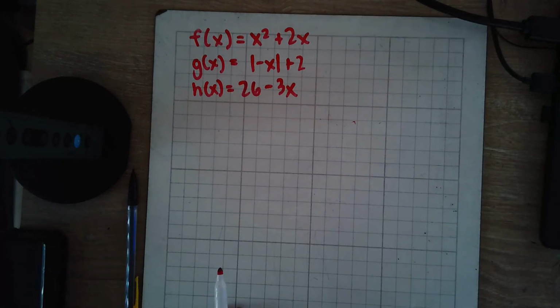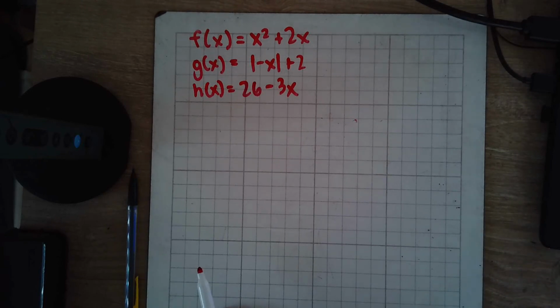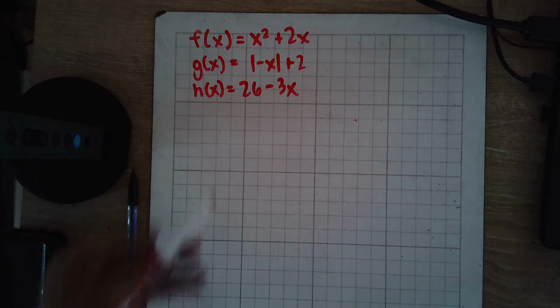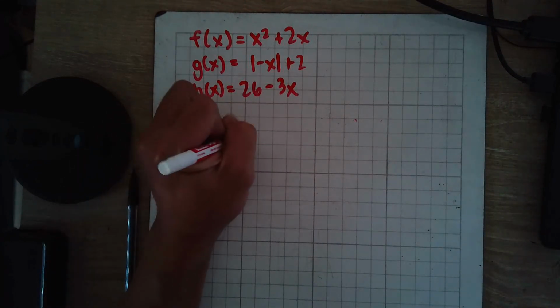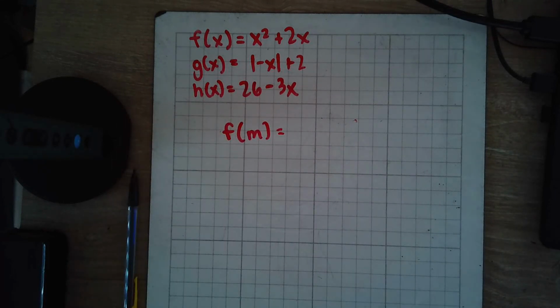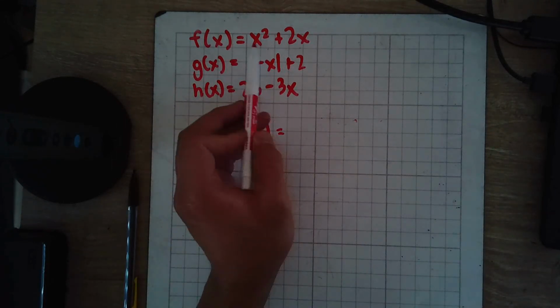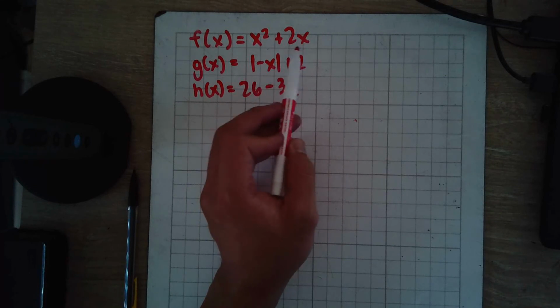With number 25, this one sort of gets a little trickier, but we're just following what it means to have function notation. They tell us that our input is m. So literally wherever we see an x on this side, we replace it with the letter m.